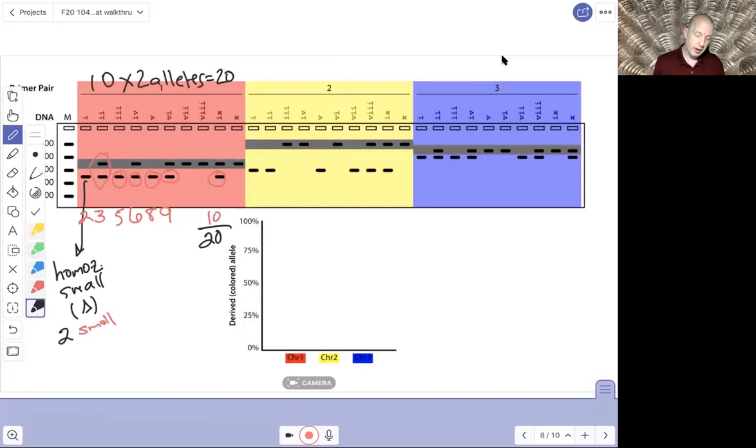And again, that's the red allele. So what I'm going to do on this chart down here for chromosome 1 is record the number we just calculated, and then the frequency, 10 out of 20 or 50%, of mutant alleles, the deletion-bearing or red alleles versus non. So in this case, that's 50%.